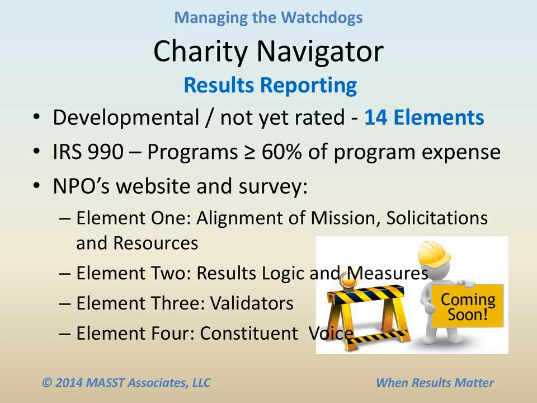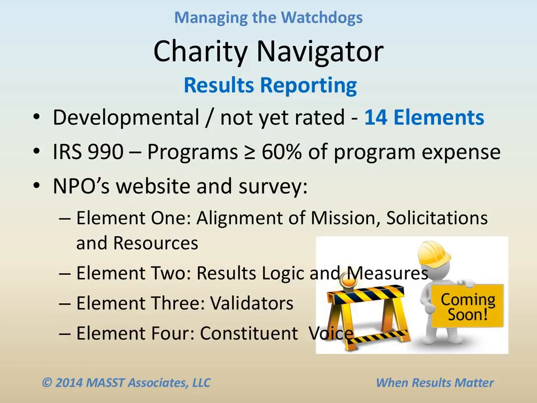And then from there, they go ahead and they evaluate those programs based on the information that the nonprofits offer on their own websites. And what they found early on is that not very many nonprofit organizations really provide a significant amount of information about what they measure and what their results are on their own website.